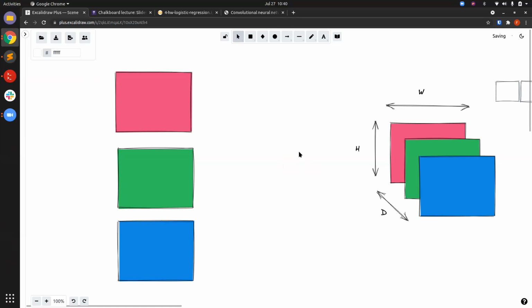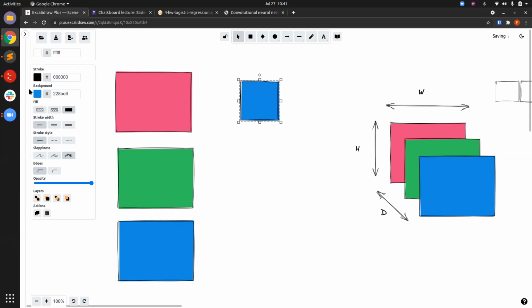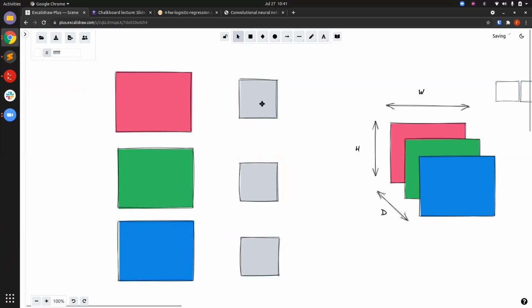Now, in every convolutional layer, I'll have a series of filters. Each filter has some width and some height. It's not necessarily the same as the width and the height of the input image. And it also has a full depth. That means the depth of the filter is the same as the depth of its input. So the input had 3 layers, and my first convolutional layer also has 3 layers.